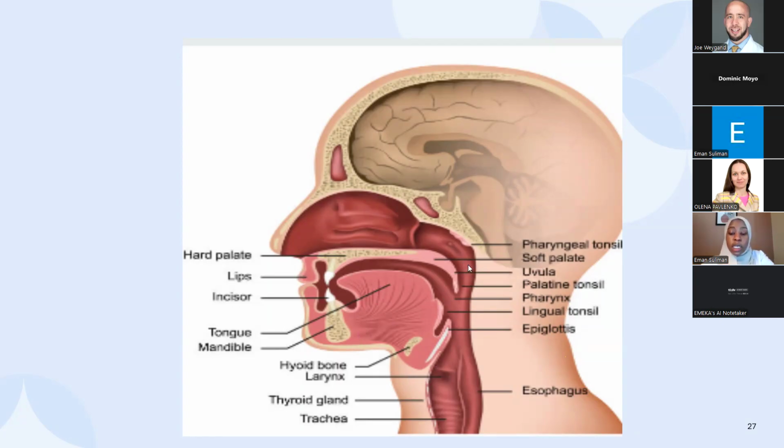This part is the nasopharynx, and this part is the oropharynx, and the whole of this part is the pharynx, and then at the end it separates into two. Here it continues as the respiratory part, the trachea, the windpipe, and at the very back it continues as the digestive system. The first part is the esophagus.